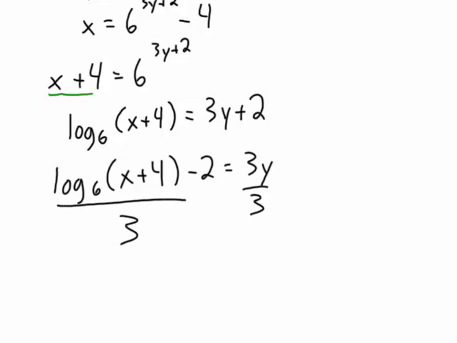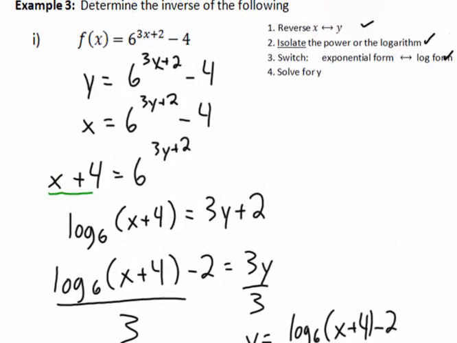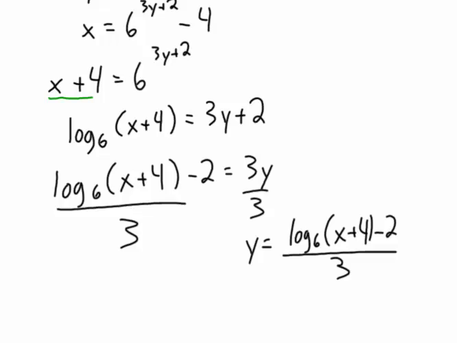And that'll give us y will equal log base 6 of x plus 4 minus 2 all over 3. And there's our solution. There's the inverse of our original exponential function, but now it's in logarithmic form.